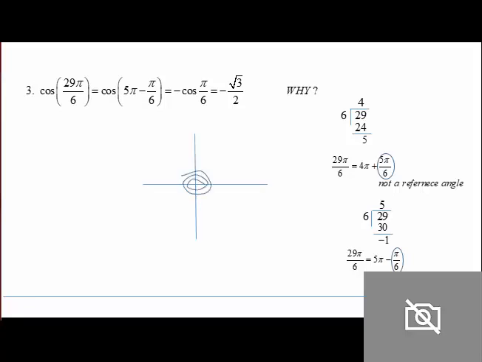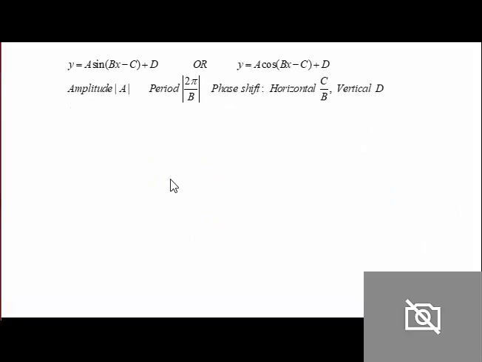Where is my terminal side? Okay, so you can see this is your pi by 6, because 29 pi over 6 goes with some rotations, then it goes here. So the reference angle is the remaining one, which is pi by 6. And you can see this comes from here, from the remainder, negative 1 over 6, which is pi times. So this is your reference angle. And you are done for this problem.